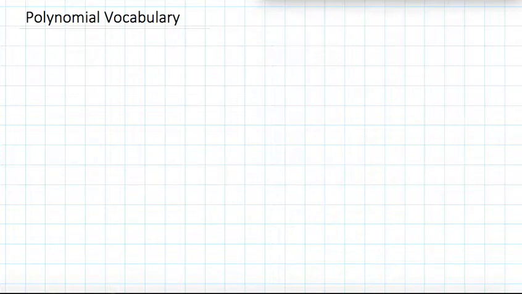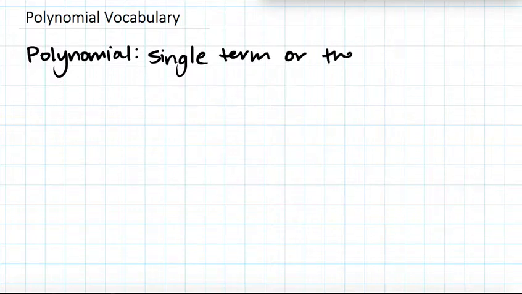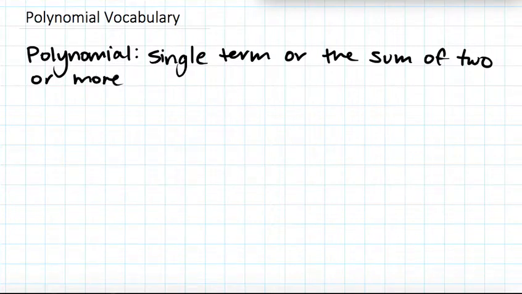definitions. So the first thing that we're going to define is a polynomial. A polynomial is a single term or the sum of two or more terms containing variables with whole number exponents.